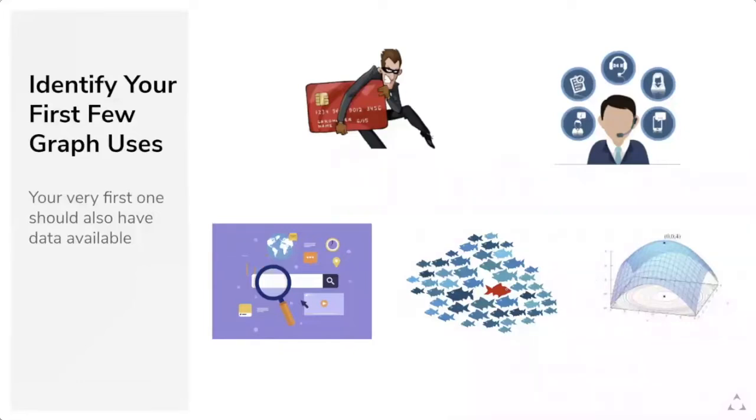There's no right answer to what's the best graph database absent any sort of specifics, right? So am I looking for fraud? Am I looking for customer 360? Am I looking for a knowledge graph? Am I looking to find the needle in the haystack or some sort of anomaly or fraud detection, or maybe I'm doing some sort of an optimization problem.